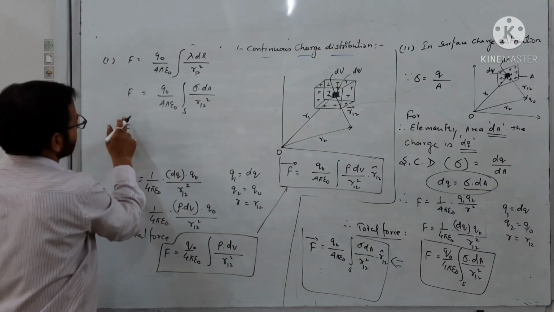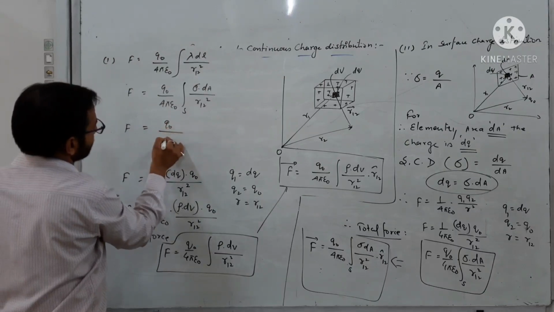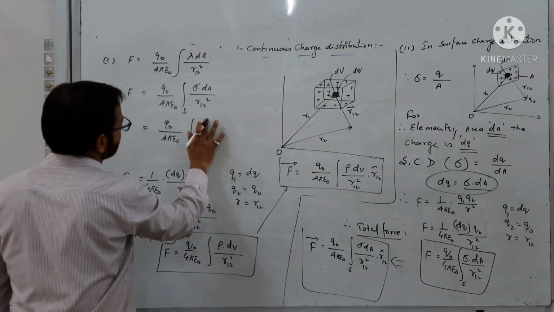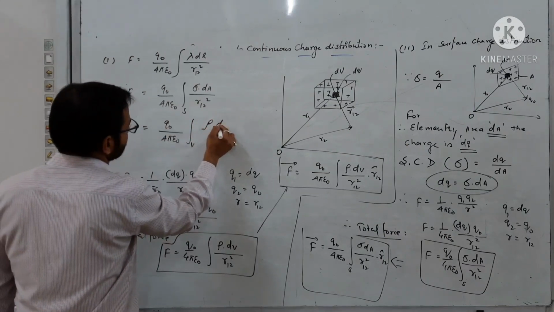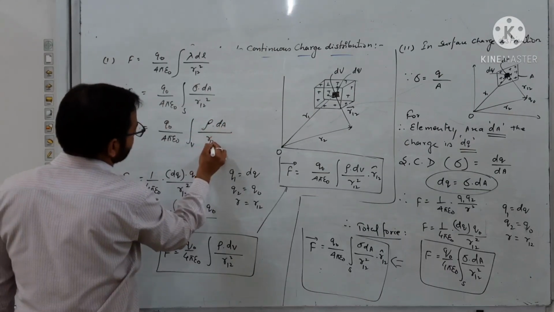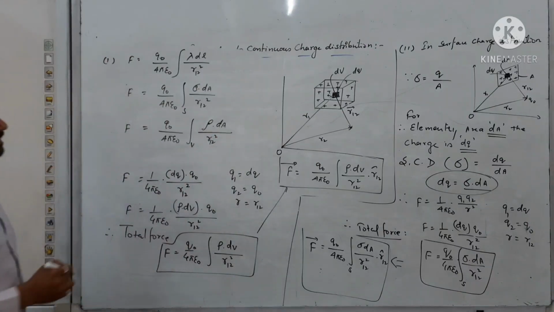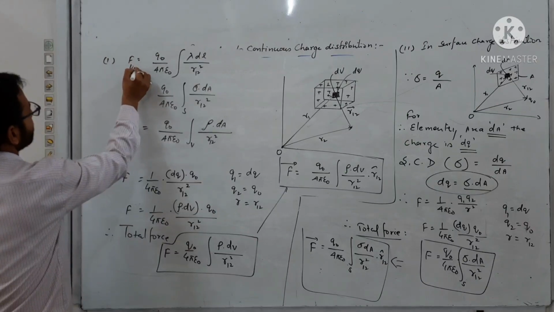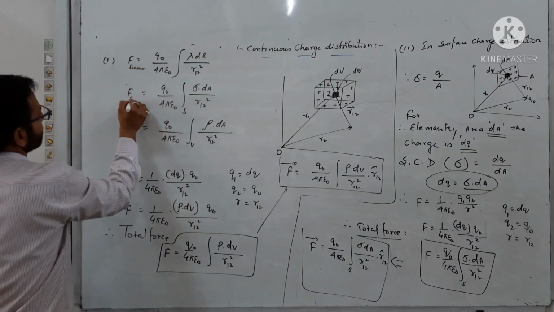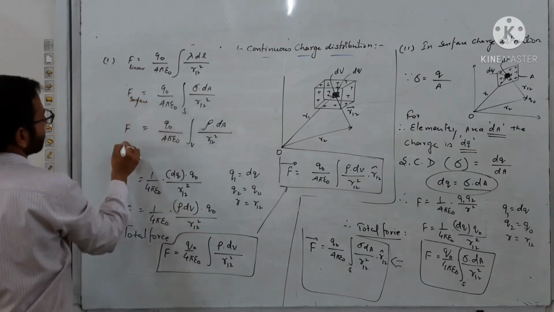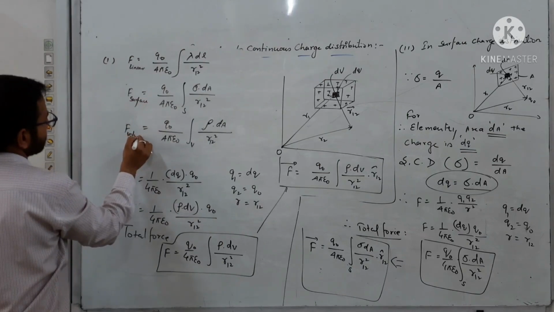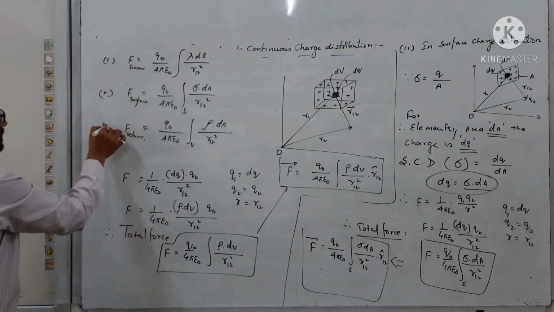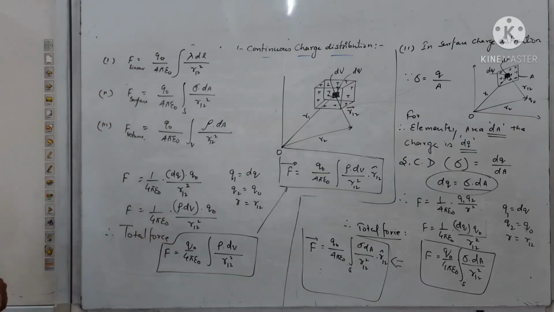Next one is Q naught upon 4 pi epsilon naught volume integral. These are the three formulas I have got: F linear, surface, and volume. It is with respect to surface, with respect to volume, and with respect to linear, meaning length.